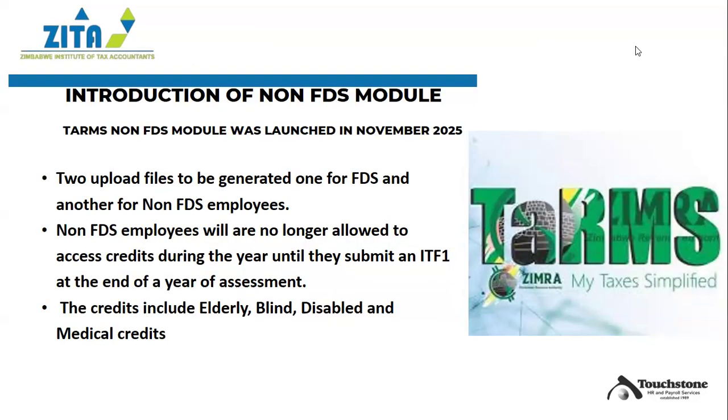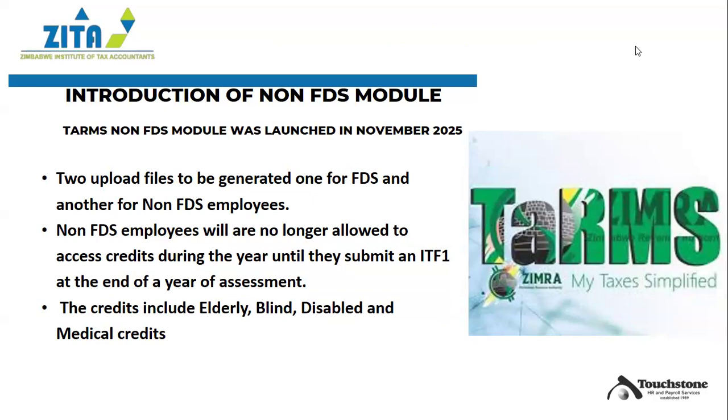with our tax authority. I know our boss, Simon Pitt, has written to ZIMRA, asking them to reverse this particular requirement, because what it means is when an employee moves from one employer to another, they lose these credits.